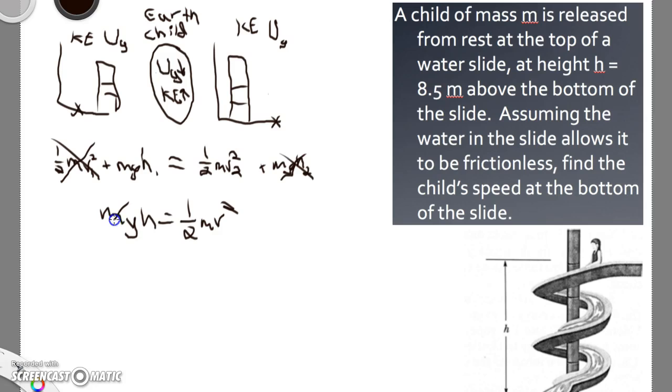The m is going to drop out from both sides. We're finding the child's speed, so we're going to solve for v. So we have g times h equals 1/2 v squared. We can multiply the 2 over, so v squared equals 2gh, so that v equals the square root of 2gh.